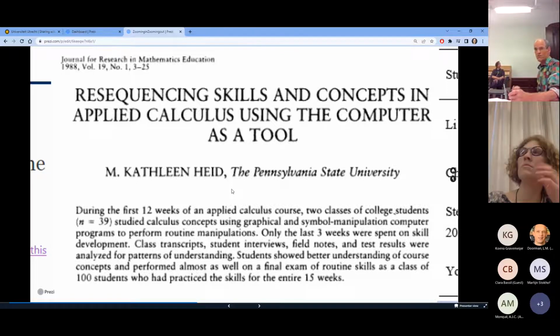That's what the resequencing means. And even if the technology by that time was far more primitive compared to now, the idea still exists. And this resonates with the overall optimism in that period on technology offering means to improve math education, to focus more on conceptual understanding.